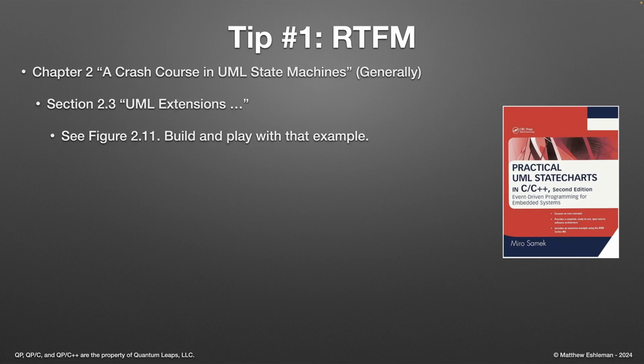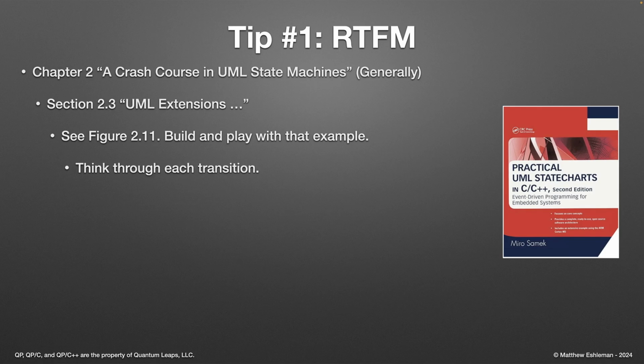In particular, check out Figure 2.11, which shows many of the transitions that are possible in QP with its hierarchical state machines. Build that example, play with it. Just get a feel for all those transitions that are possible.